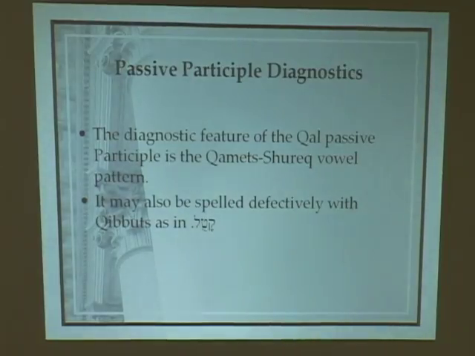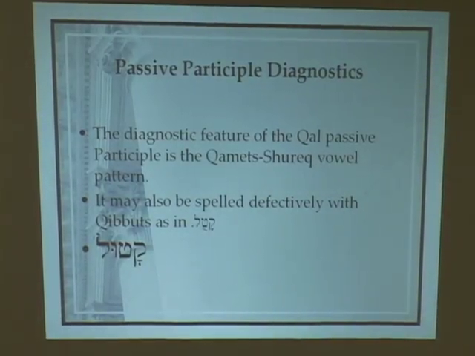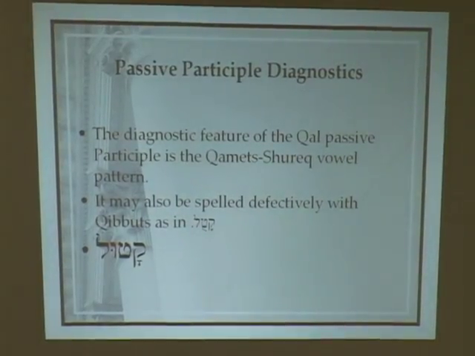So it's an a-u sound as opposed to o-e, right? Vowel pattern: a-u, not o-e. Katul as opposed to katol or kotel. Okay? Katul.